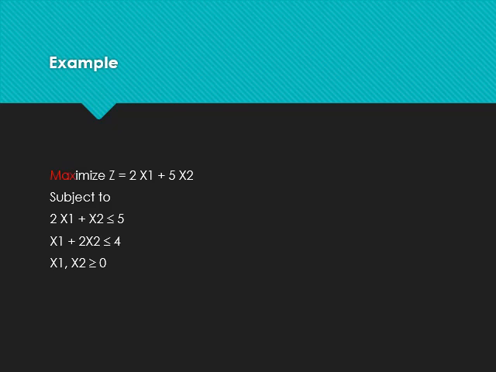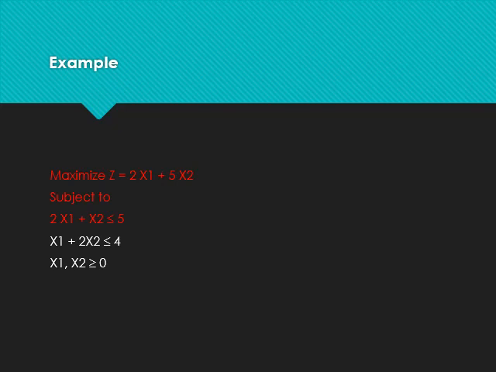So let us see the following example of how to solve a problem using the simplex method. Given the objective function, maximize z equal to x1 plus 5x2 subject to 2x1 plus x2 less or equal 5, x1 plus 2x2 less or equal 4, x1, x2 more or equal 0.